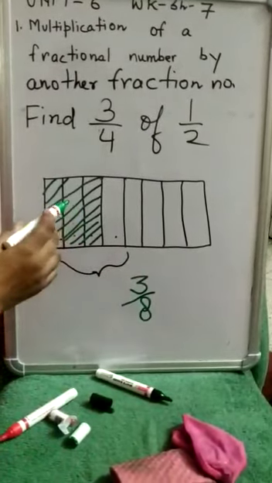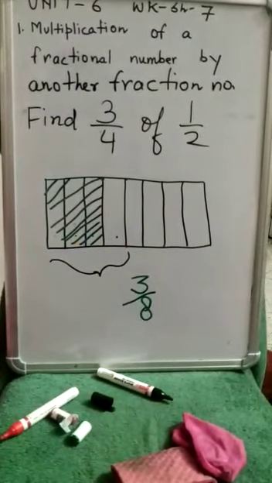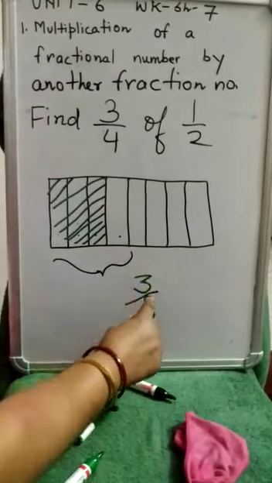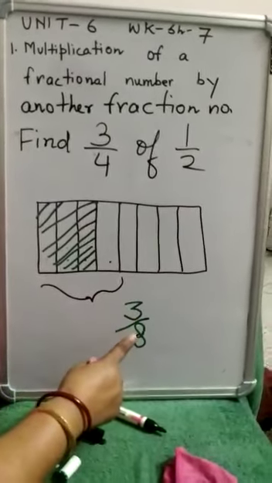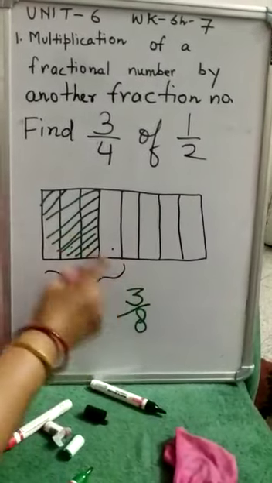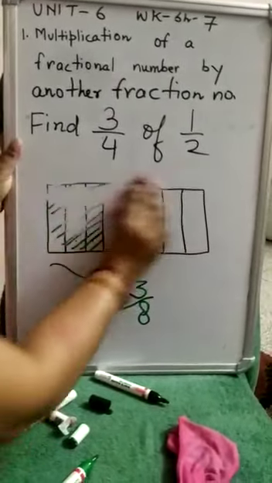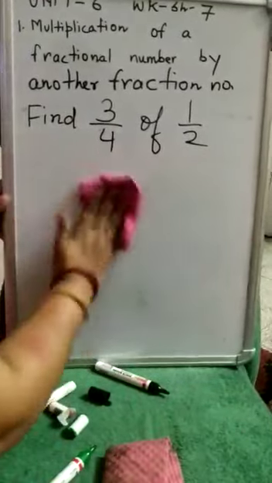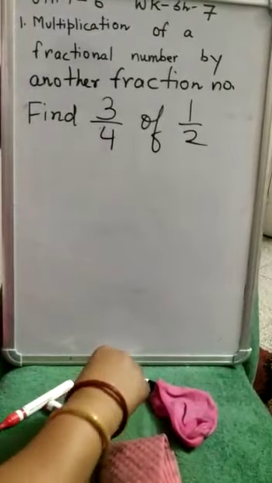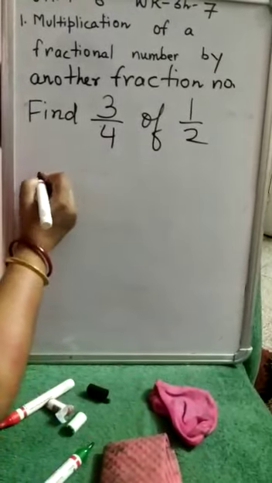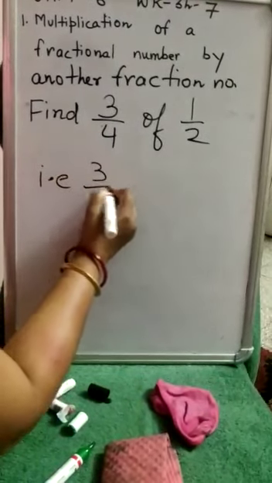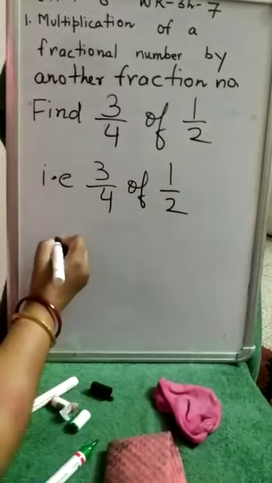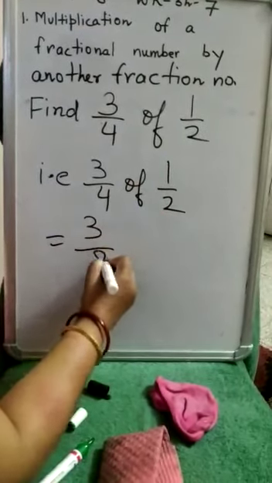So the value of this shaded part is 3 by 8. Correct? It means this shaded portion is 3 by 8 of a whole. That is, 3 by 4 of 1 by 2 is equal to 3 by 8. Okay?